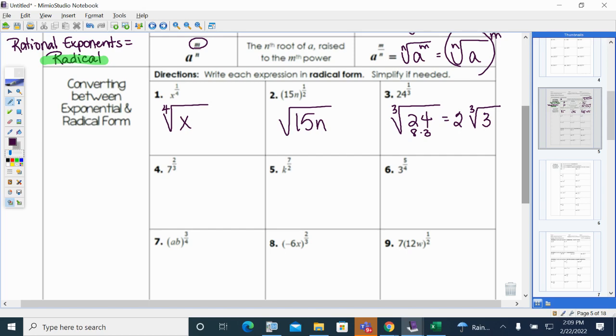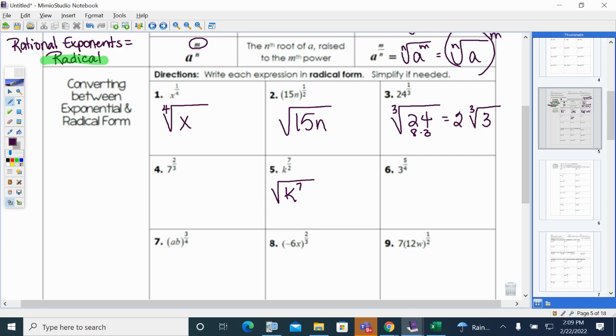Let's look at number 5. I've got k to the 7/2 power. So this is going to be the square root of k to the 7th power. Now that can be reduced because the understood index here is a 2, and you have 7 k's on the inside. So reviewing how to simplify your variables, how many of those 7 can divide evenly by 2?